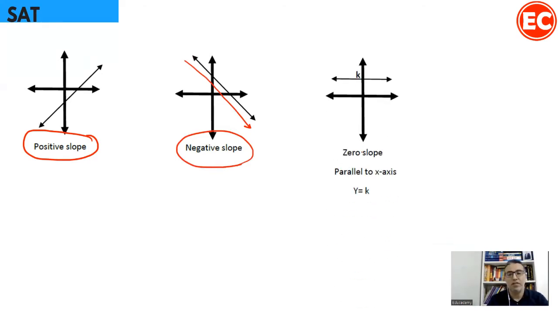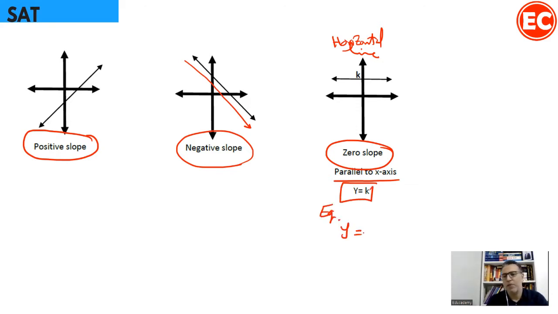In case of a horizontal line, the slope is 0, and horizontal means parallel to the x-axis. In this case, the equation of the straight line is y equals a number. For example, y equals 2, y equals negative 3, y equals 5.